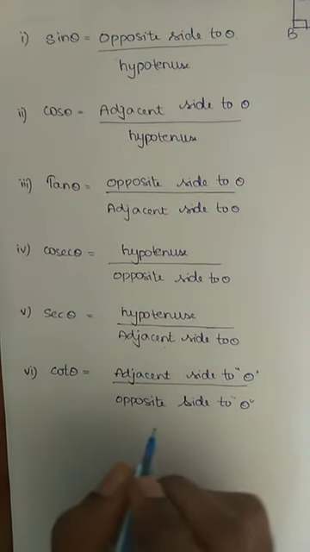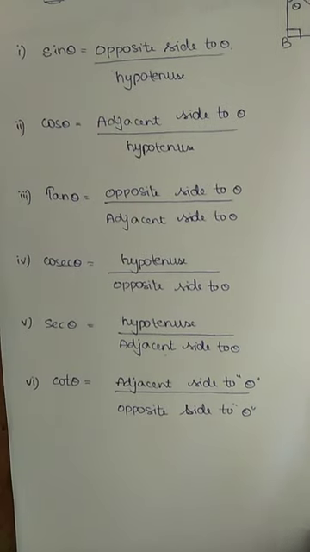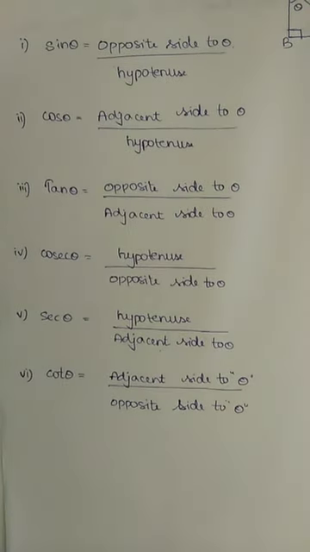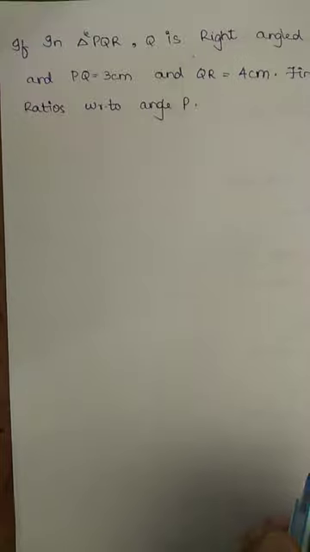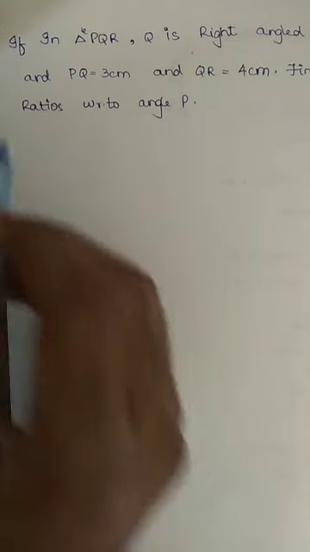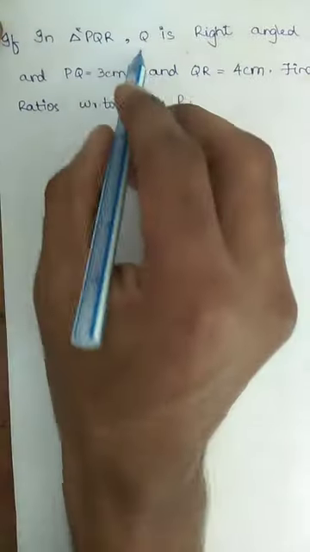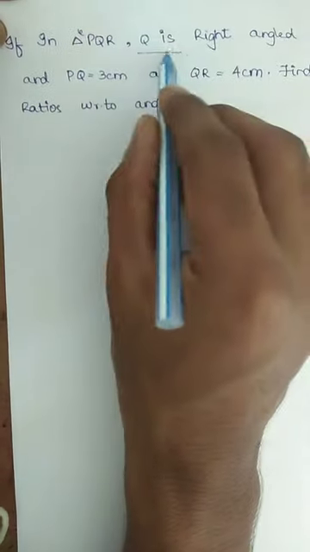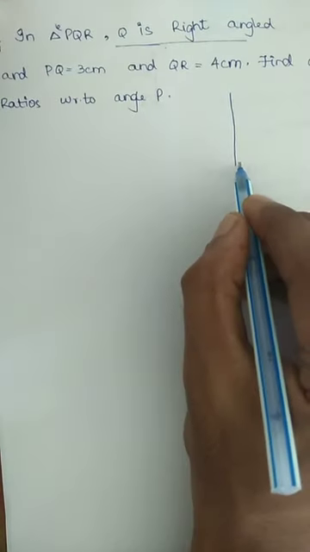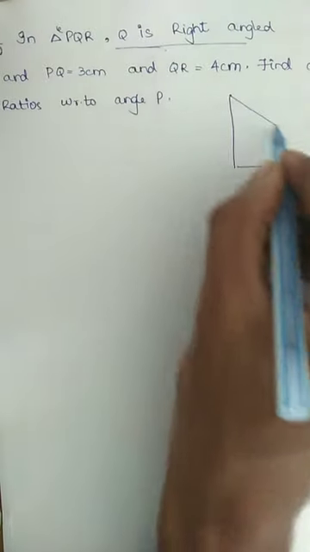So let us do a small problem on the trigonometric ratios. So here is the problem. If in triangle PQR, Q is right angled. So let me draw a diagram here.